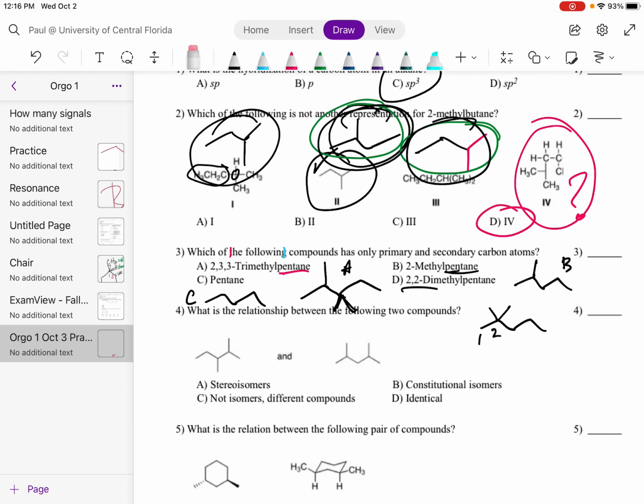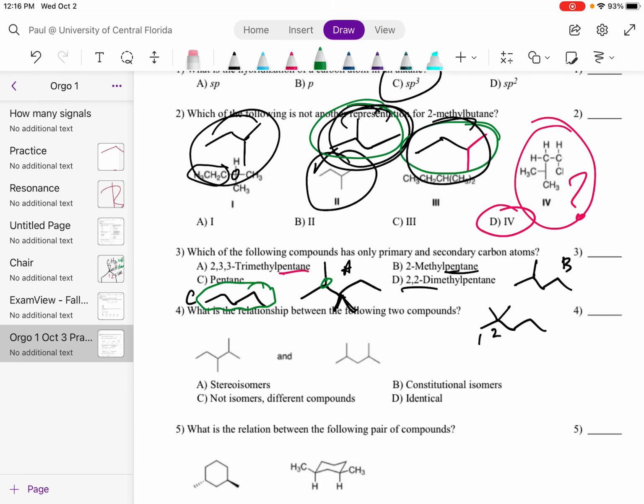So now that we've drawn all the structures there, we can now kind of reread what the question is asking. Which of the following compounds only has primary and secondary carbons? So those are all primary and secondary carbons.